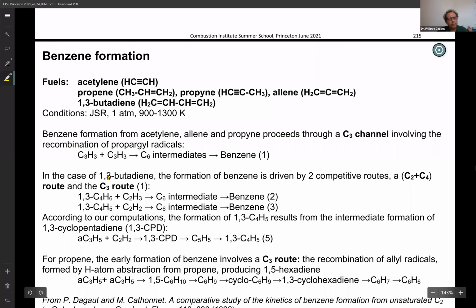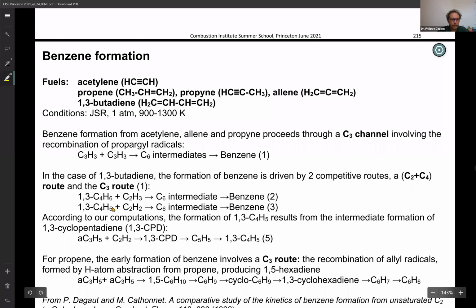In the case of 1,3-butadiene, the formation of benzene was driven by 2 competitive routes, a C2 plus C4 route and a C3 route. The first one is the fuel itself reacting with vinyl radical to produce C6 intermediates that in turn will produce benzene.